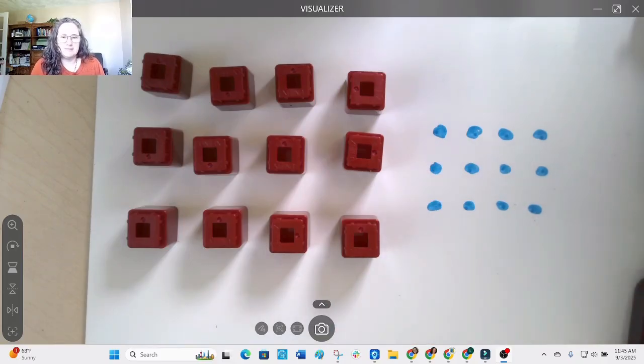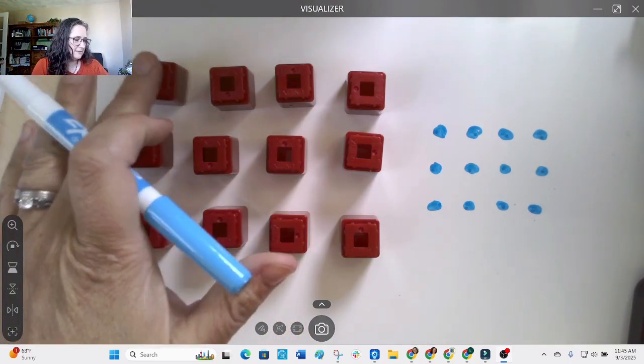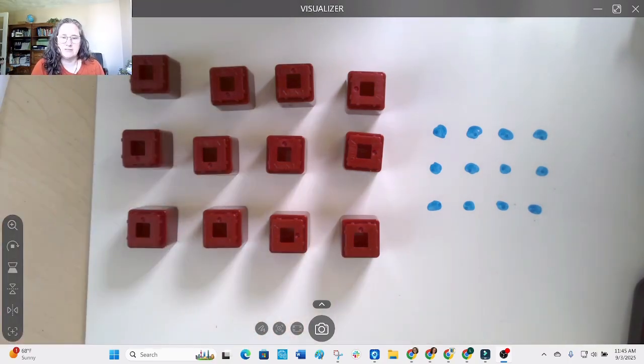These two representations are very helpful for students because having physical space between the objects or dots in the array helps them see each part or each item in addition to looking at the whole. When we increase the complexity, we can take away the space between the dots or the objects.